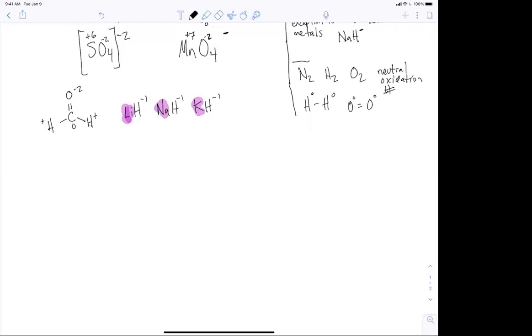Okay, so anyway, that's assigning oxidation states, and that's about as tricky as it gets. It does take a little bit of work. All right, let's take a look then at oxidation and reduction.